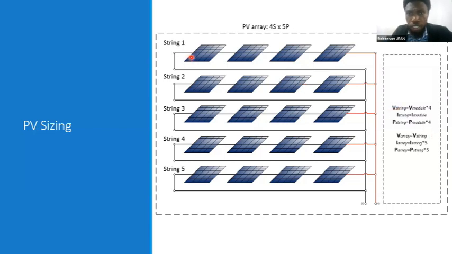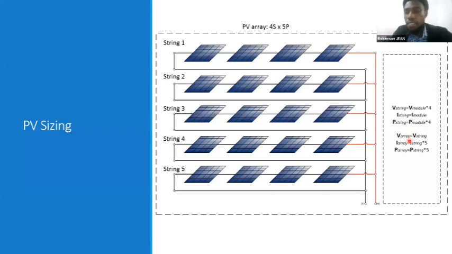The voltage of a string is the voltage of a module multiplied by 4. And the current of the string is the same as the current of one module, as we have seen before. And the power of the string is the power of a module multiplied by the number of modules in the string, so it is the power of a module multiplied by 4.